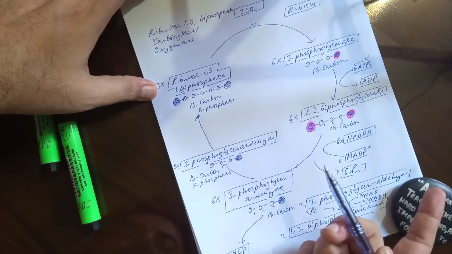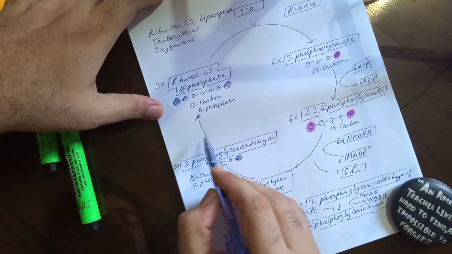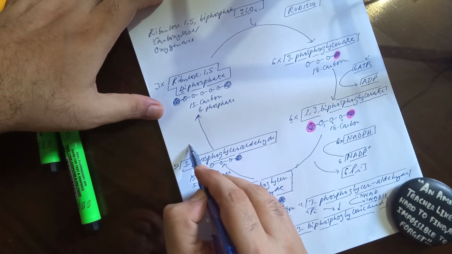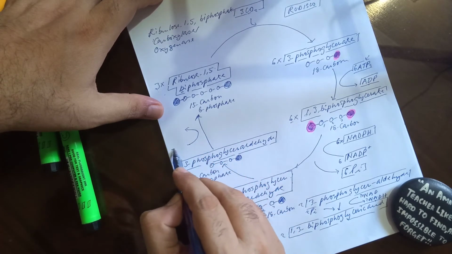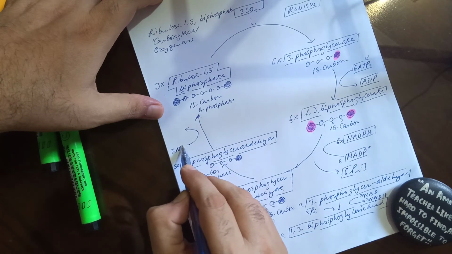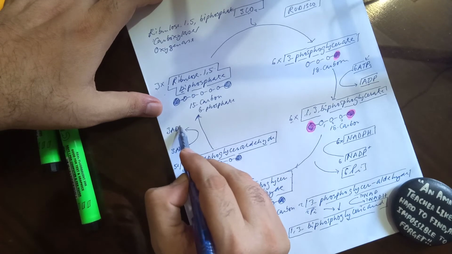So 2 phosphates are gone, and we have added 3 phosphates back in. 3 ATPs will go into the reaction, and you will have 3 ADPs coming out.